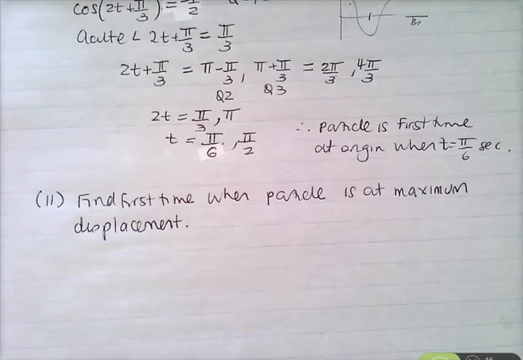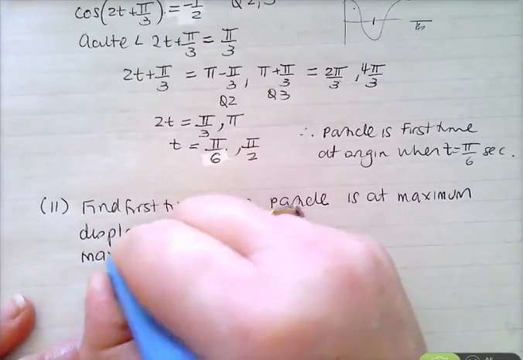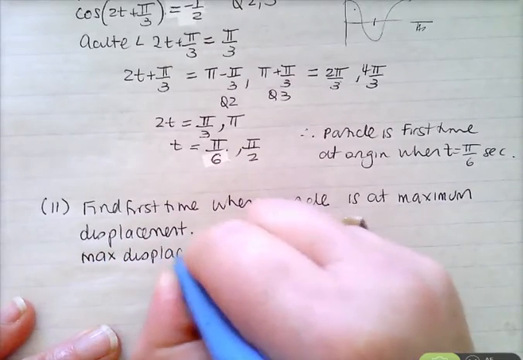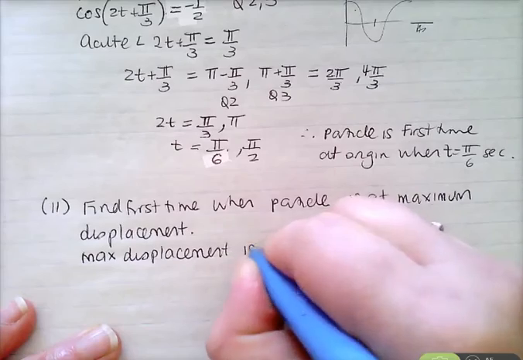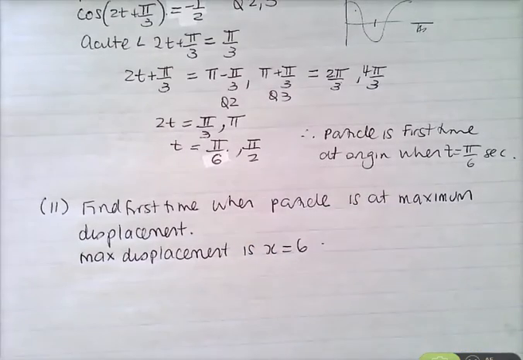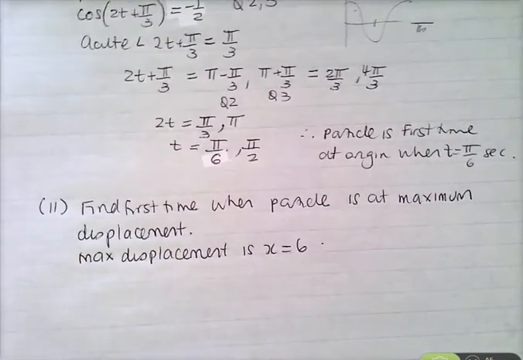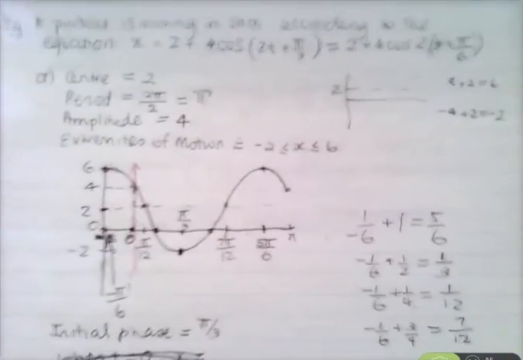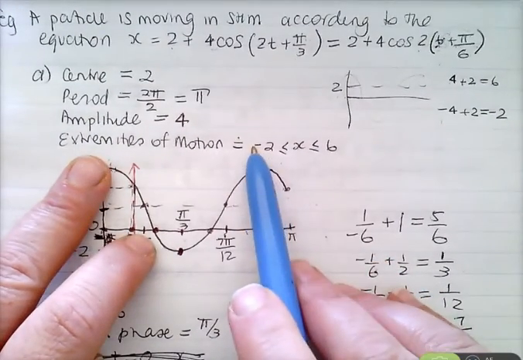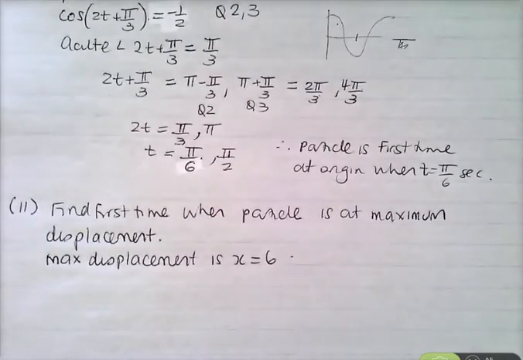Let's have a look. So we know that the maximum displacement is x equals 6, because earlier we looked at the extremities of motion. Earlier in the lesson today, extremities of motion were from -2 to 6, so therefore maximum displacement is x is 6.